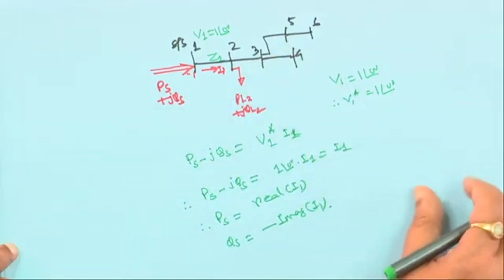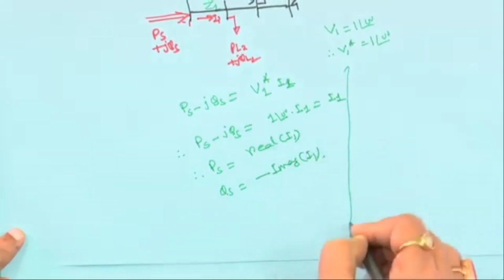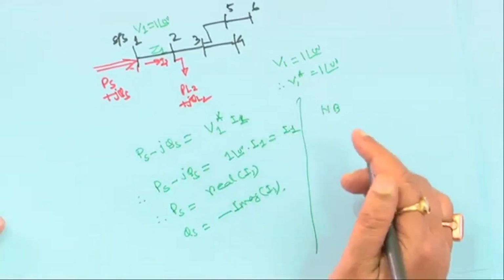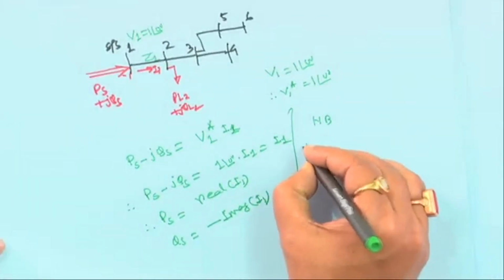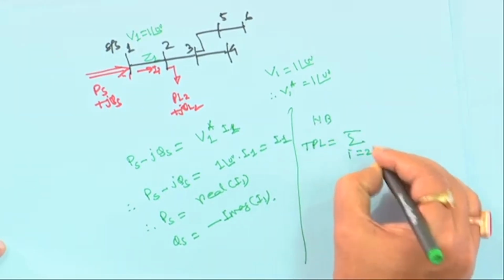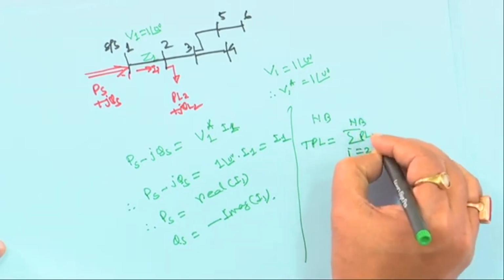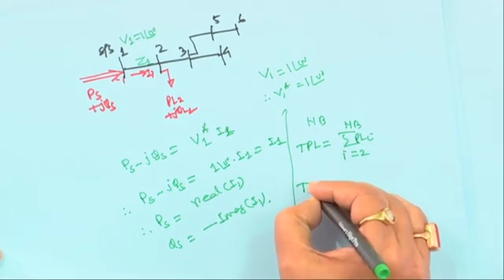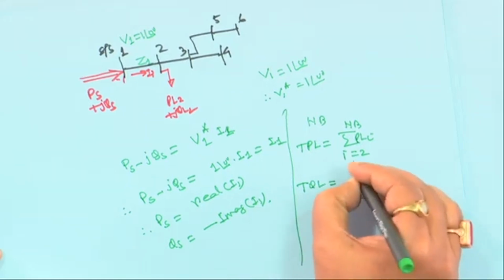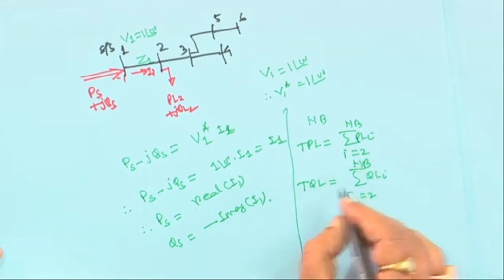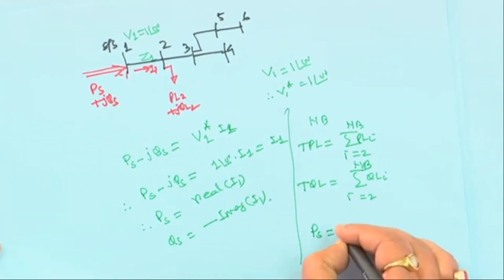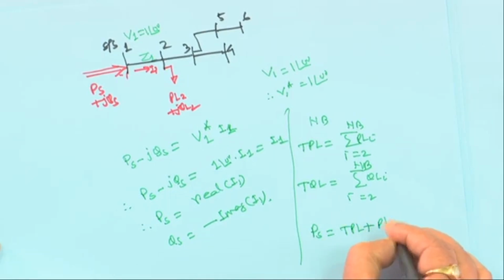Suppose you have nb number of nodes, and all the PL and QL are known. Then the total load TPL will be the sum over i equal to 2 to nb of PLi, and the total reactive load is the sum of QLi, i equal to 2 to nb. The injected power PS is equal to the total load TPL plus the total power loss, right.